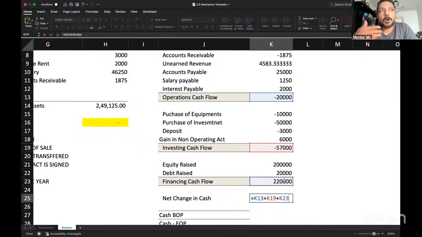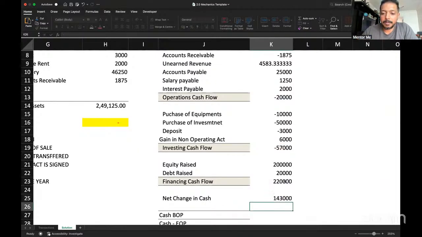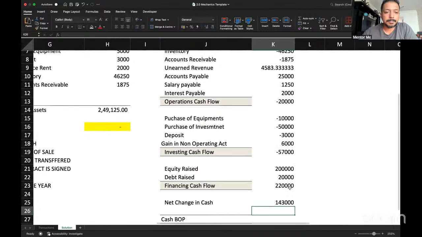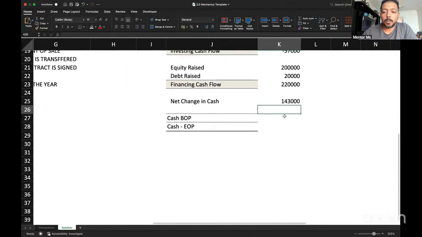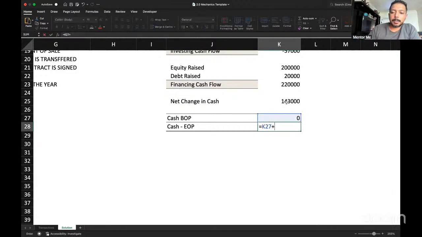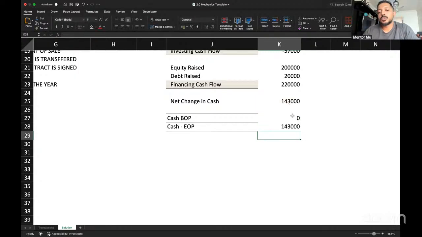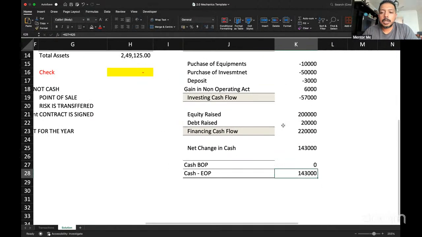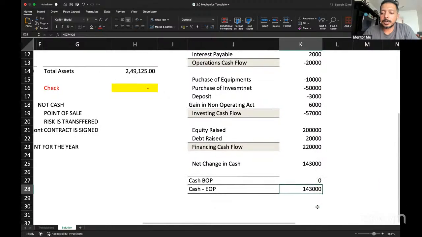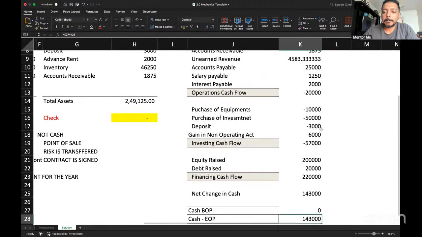Add all the forms of possible activities in the business, and then we get net change in cash. Okay. Now, what was the cash initially? 0. There's nothing, right? And then this change happened. So you get the EOP cash. So that's how basically the cash flow statement actually works.